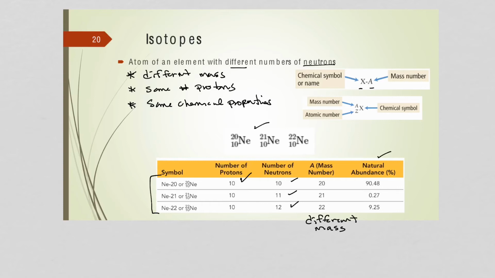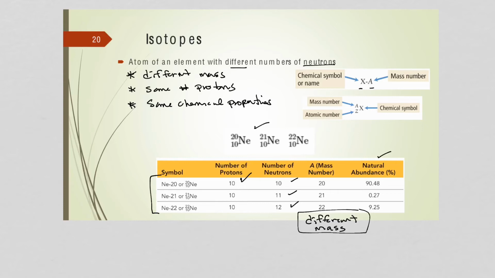Okay, so now that we have an idea of what an isotope is, what does this do to how much an atom weighs? We could just say, okay, I have an atom and it's going to have this mass. But now we have different versions of an atom that have different masses.